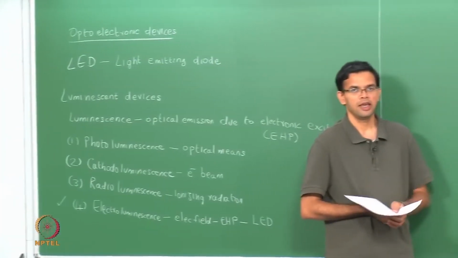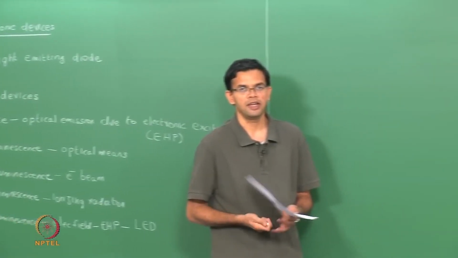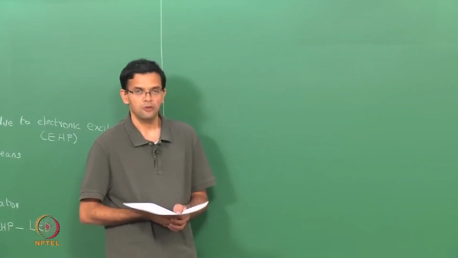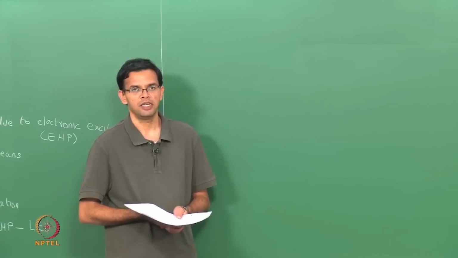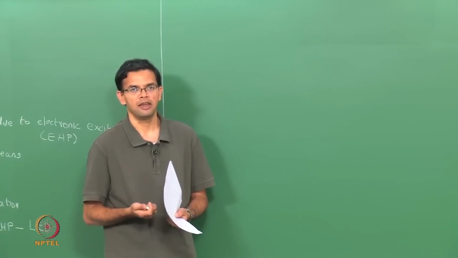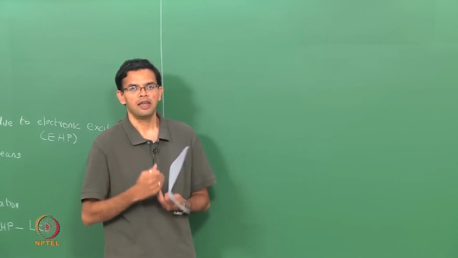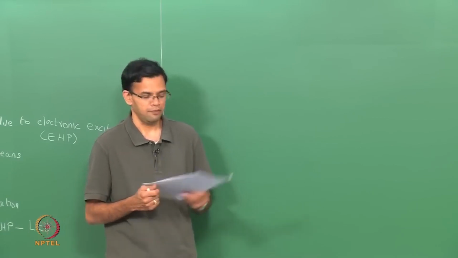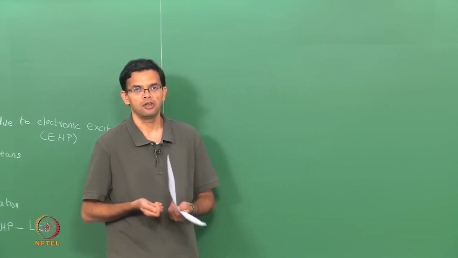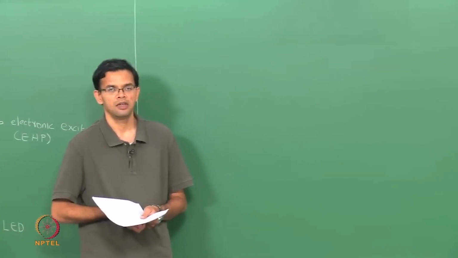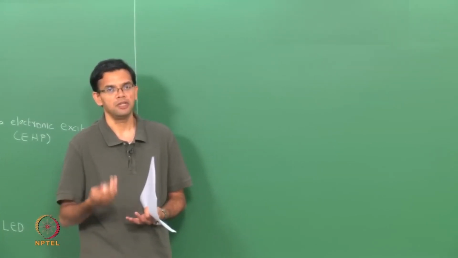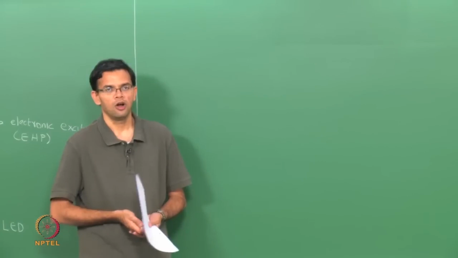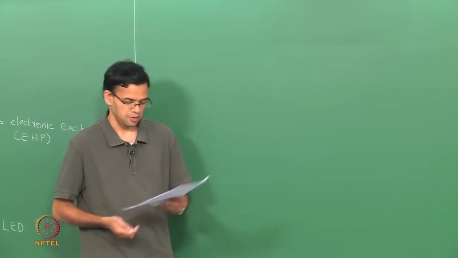So, we use the external field in order to create electron hole pairs. So, if you have a p-n junction, we typically inject the minority carriers. These carriers can then recombine, and we saw that depending upon the type of semiconductor, the recombination can either be dominated by photons or it can be dominated by heat.